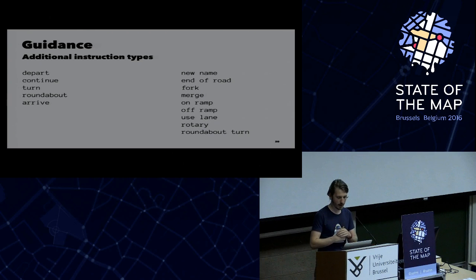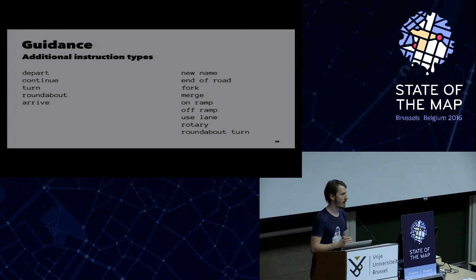The important ones here, new name and end of road, help with name changes. The route that you're on stays the same, but it gets a different name now, and you want to be informed about that. End of the road can be used for turns, where instead of saying in 200 meters, turn right, you can say at the end of the road, turn right.